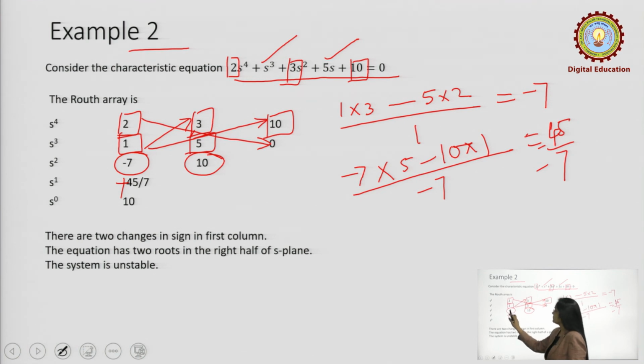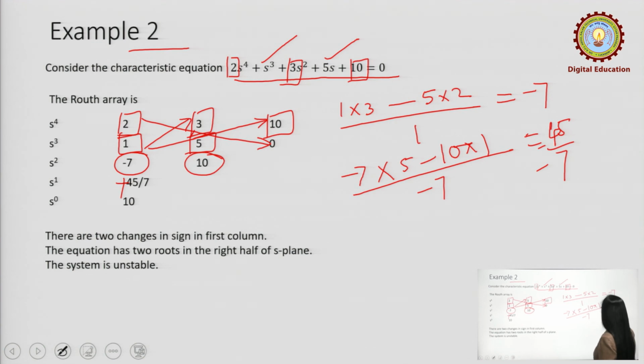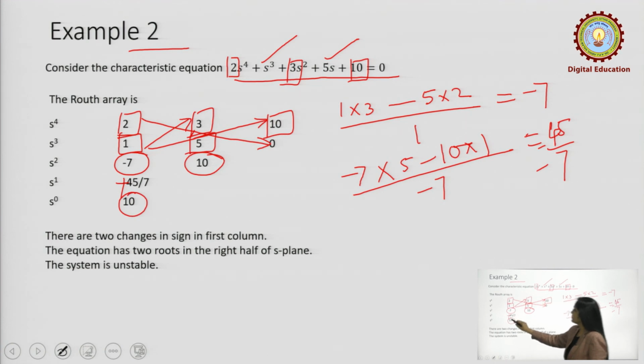So the sign is changing from plus to minus and then minus to plus. You see 7 into 5, 35, minus 10, 45 by 7. Okay. So, there are two sign changes here, and this term is again 10 minus this by, so we get the value 10 here, it is a positive value. Therefore, we can see that the sign has changed from positive to negative and from negative to positive.